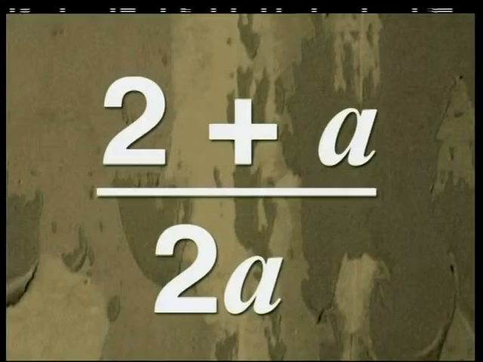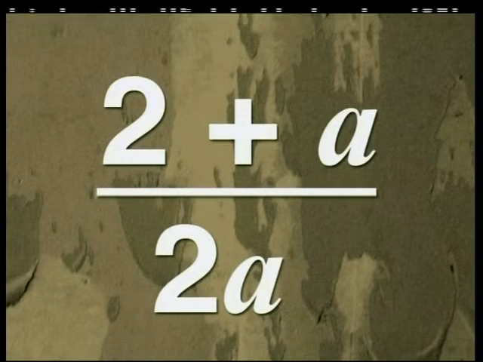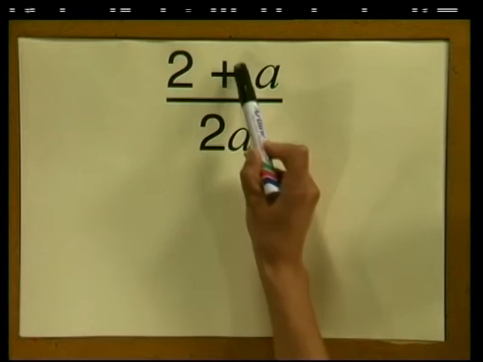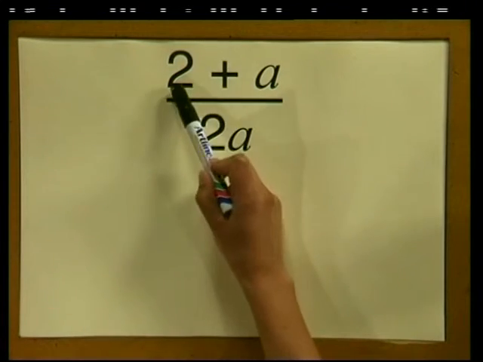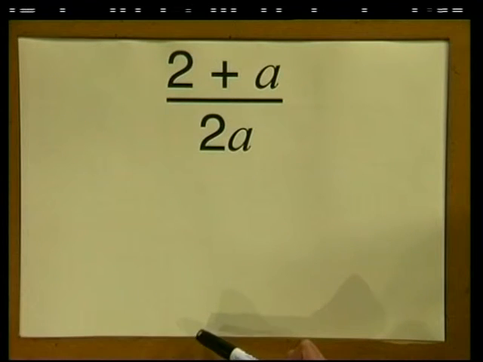Now let's do example number 3. Can this be simplified? What did you decide about this one? Look at it carefully again. No, this fraction cannot be simplified. Why not? The numerator consists of terms, 2 and a, and not factors, and we can only cancel factors.